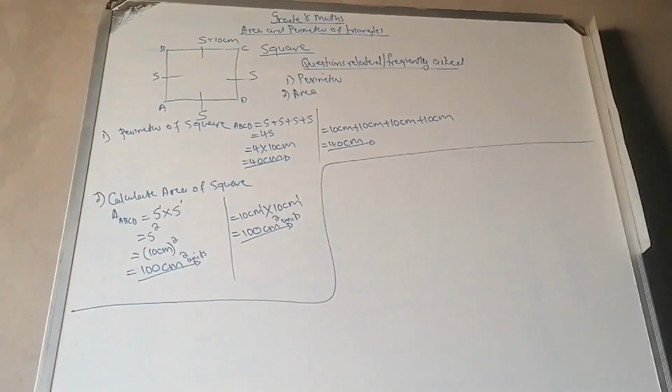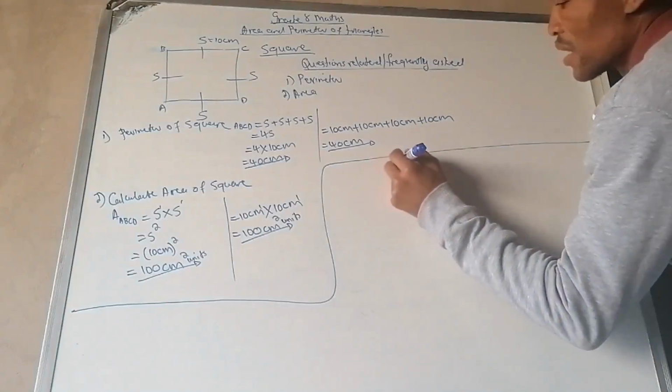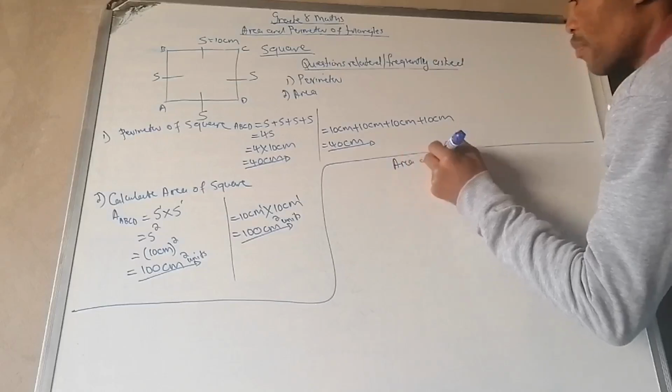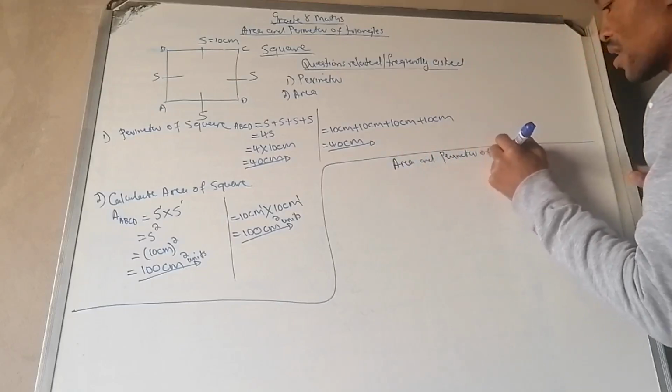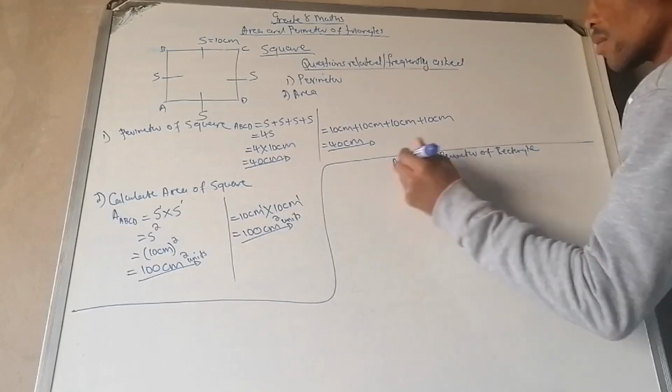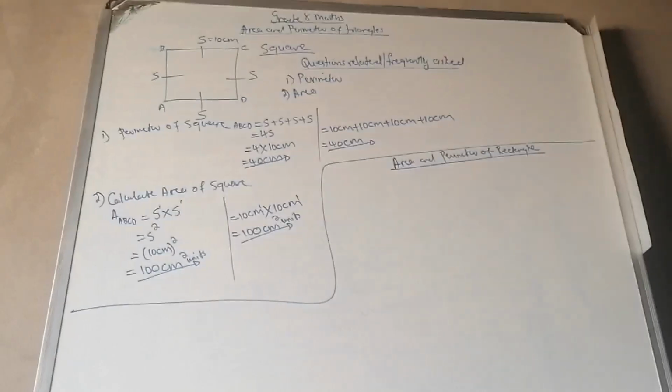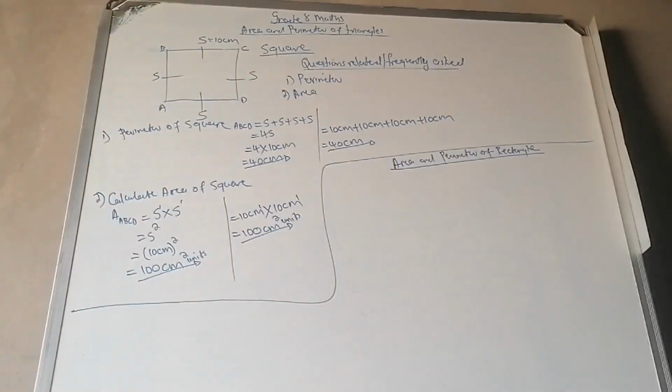Now that we have dealt with a square, let us now go and deal with a rectangle. Let's look at the area and the perimeter of a rectangle. Right. A rectangle is a four-sided figure.